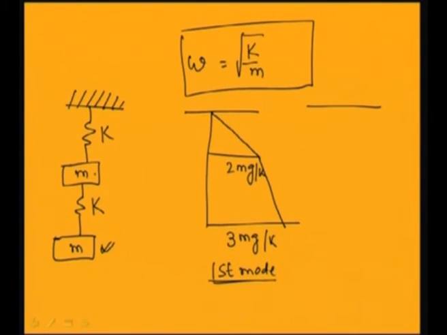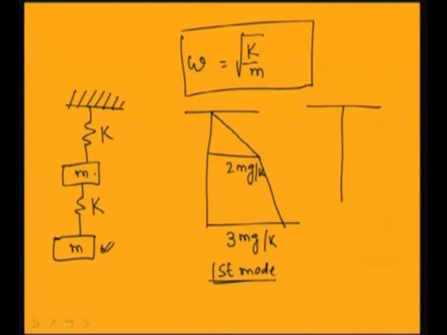In the second mode, I know that in the first mode both the masses are moving in the same direction, and in the second mode the first mass and the second mass will move in opposite directions. So let me keep the first mass the same, that is 2 mg by k, and the second mass will move in the opposite direction, so I can take it as minus 2 mg by k.